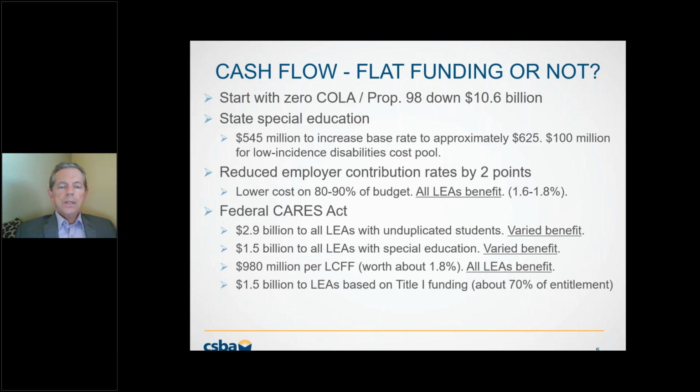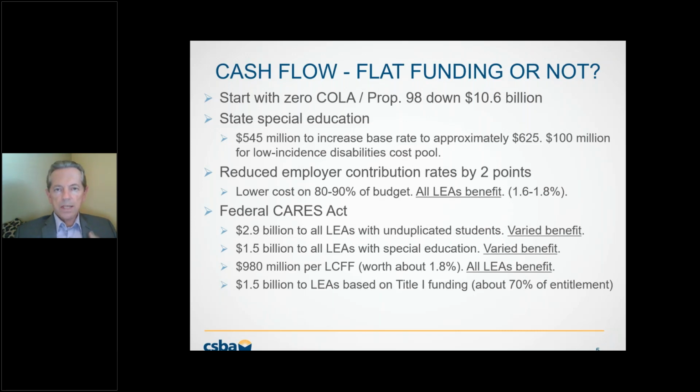The next one is what the state did in adopting the budget: they reduced the employer contribution rates to CalPERS and CalSTRS by about 2 percentage points. They took money that was set aside to pay down the unfunded liability and pulled almost half of it into this fiscal year and said, let's buy down the employer rate.